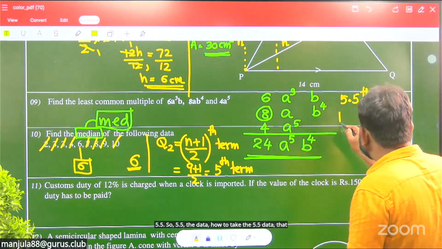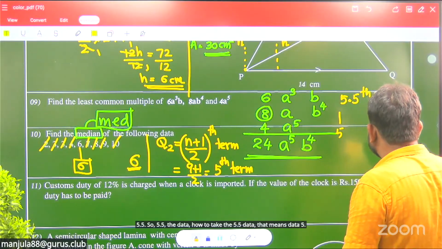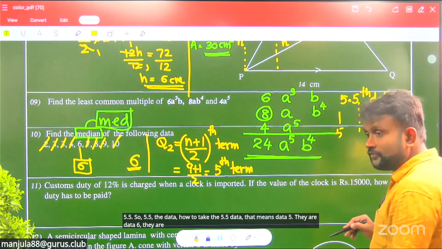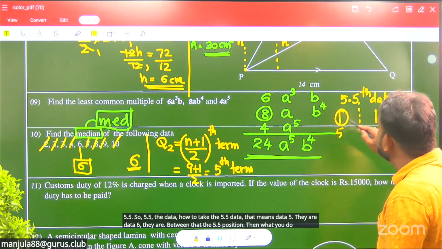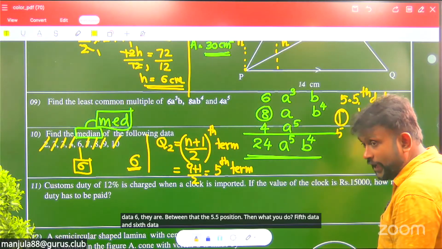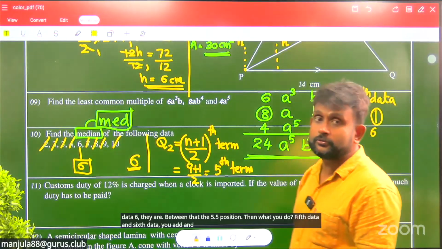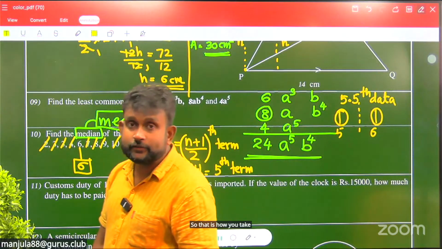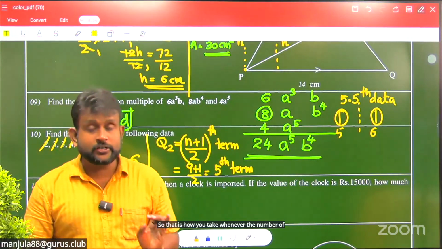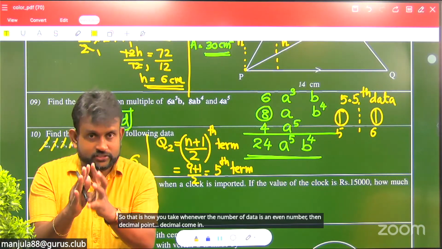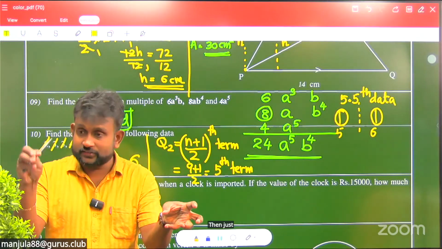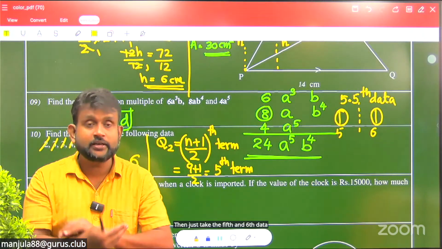That means data 5 and data 6, the 5.5 position lies between them. So you add the fifth data and sixth data and divide by 2. Whenever the number of data is even and a decimal comes in, just take the fifth and sixth data and divide by 2.